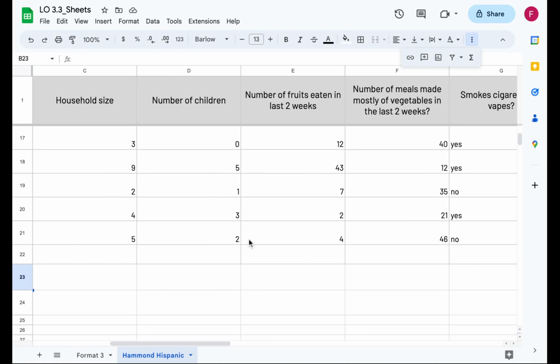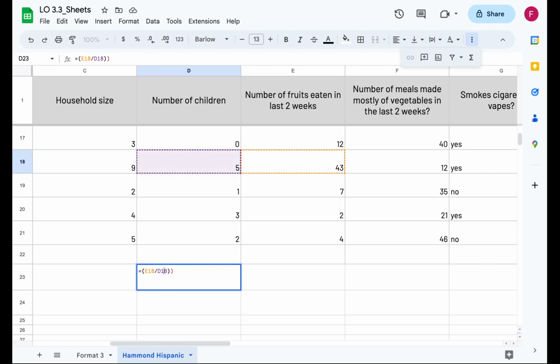Okay, so let me find the percentage of the children that are eating. Let's say the percentage of children that are eating 43 fruits in 2 weeks. I have to put the open brackets. So this divided by this number of children.